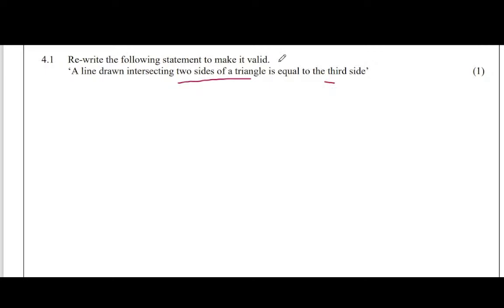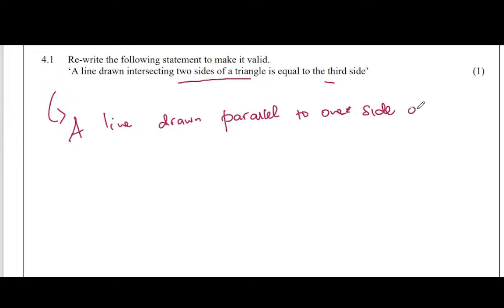A line drawn parallel to that. And so how do we rewrite this whole statement to make it valid? We know that a line that is drawn parallel to one side of a triangle, not a circle, guys.